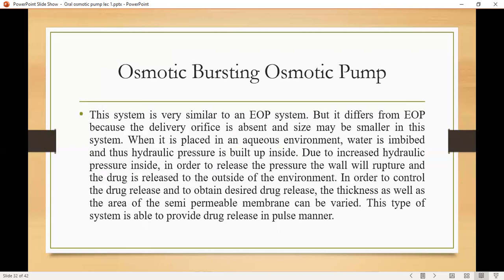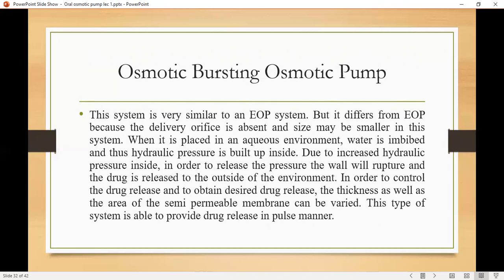Now the next system, students, is the bursting osmotic pump. This system is very similar to an elementary osmotic pump system, but it differs from the EOP because the delivery orifice is absent and the size may be smaller in this system. When it is placed in an aqueous environment, water is imbibed or absorbed, and thus hydraulic pressure is built up inside.